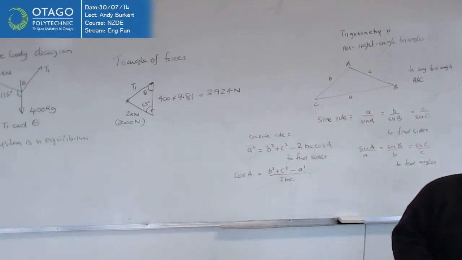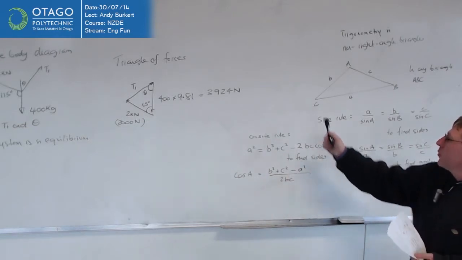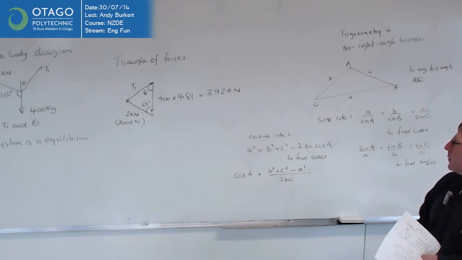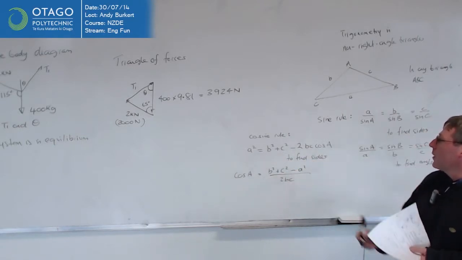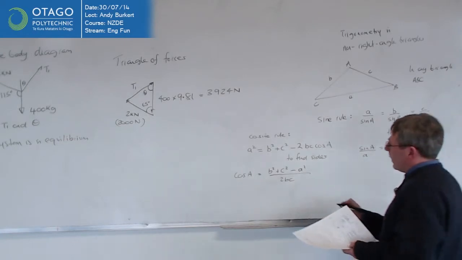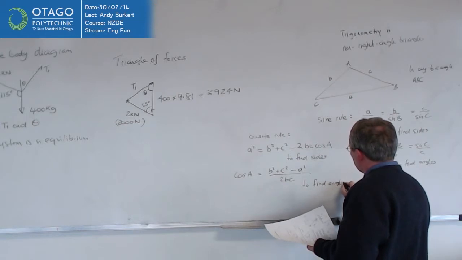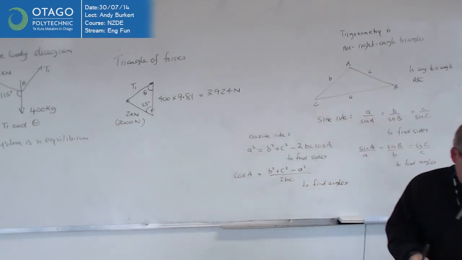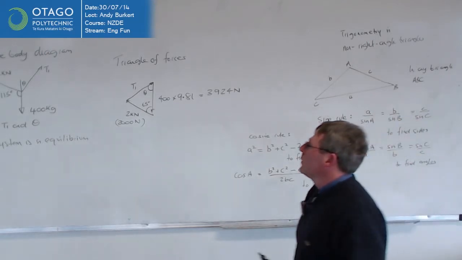Okay, so that's just rearranging that equation. Take the minus 2bc cos A across to the left, take the a squared across to the right, and then divide by the 2bc. So that's the cosine rule to find angles.